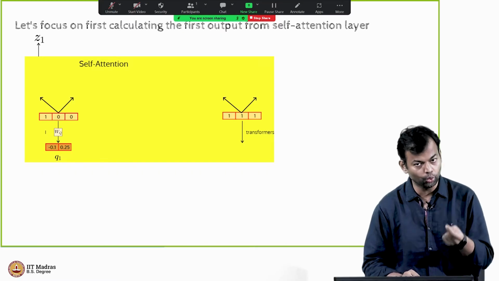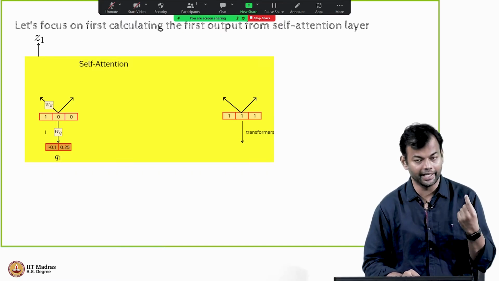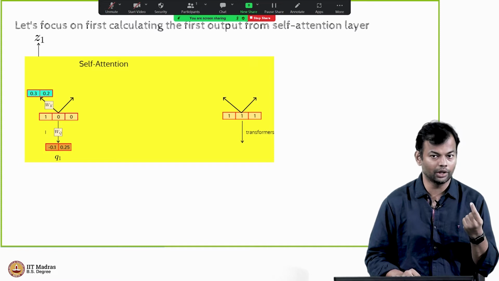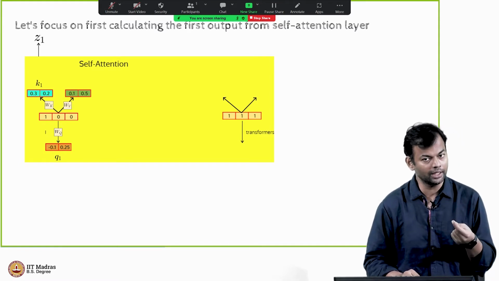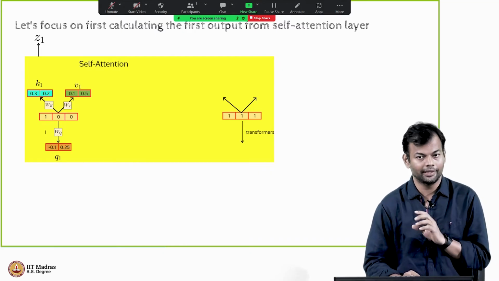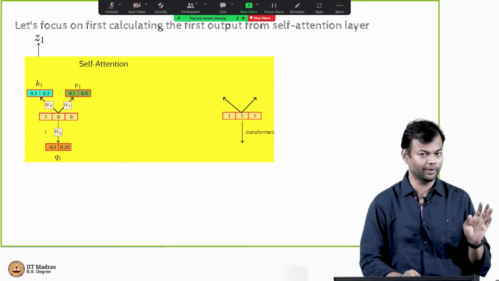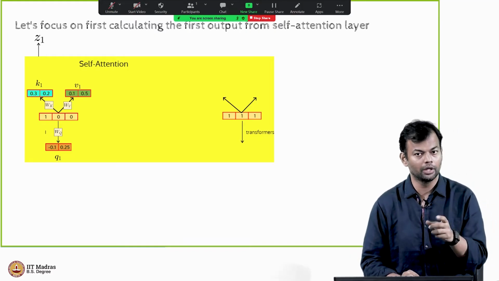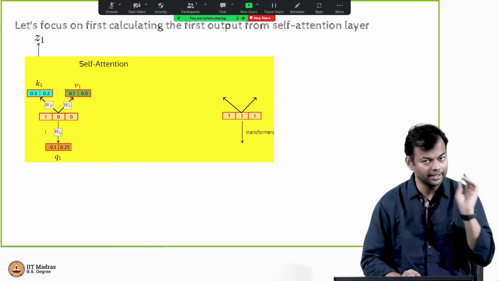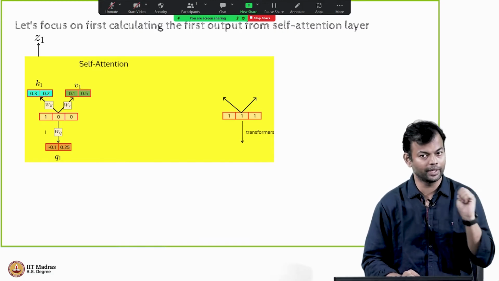So this is going to be Q1. Similarly, I'll do a linear transformation with WK, and I'll call it K1. Similarly, I'll do a linear transformation with WV, and I'm going to call it V1. How I'm going to use this Q1, K1, V1 doesn't matter, but at least pictorially, you get to know what is happening here. I had one vector. I did three linear transformations to get three different vectors from that. I'm calling them Q1, K1, V1.